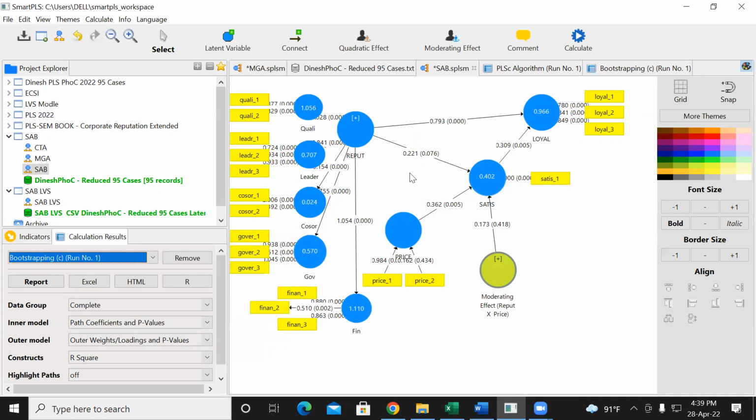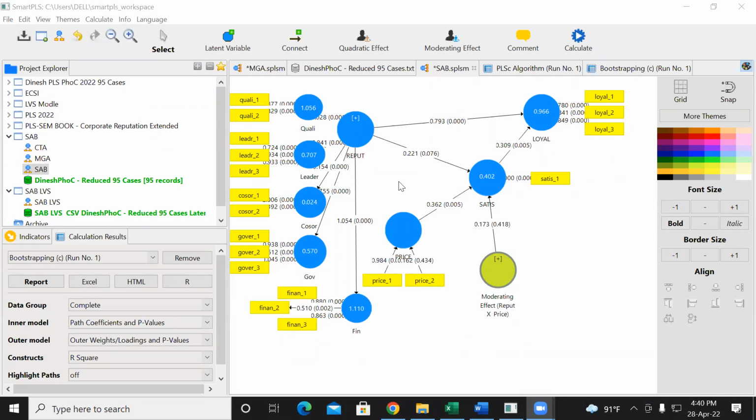Just one question. Yes. Now, when you say full mediation, this direct path must be insignificant, is it? Exactly. There is no direct effect. Fully, they relate to each other only through a third party. Okay. So if there is some amount, whatever the amount is, as long as it is significant, then we say there is partial mediation.